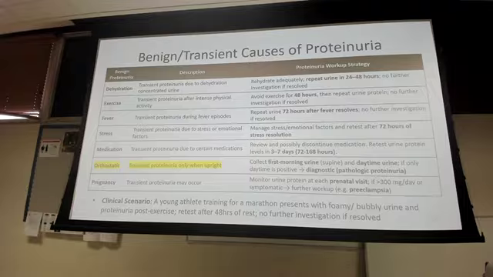But the one that's really important is orthostatic, right? Transient protein only when upright. So you want to collect this during first morning urine. It's a daytime urine, and this could be a diagnostic or pathologic proteinuria, okay? So orthostatic is really the only one on here that would be considered pathologic.